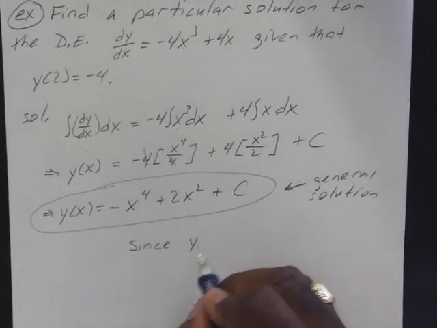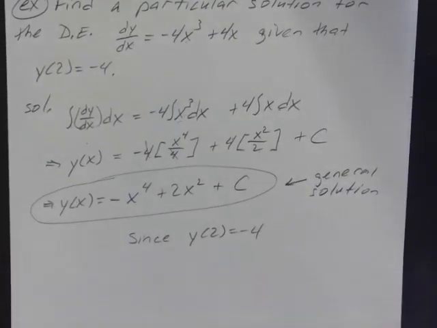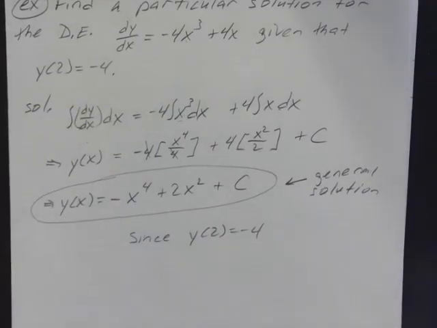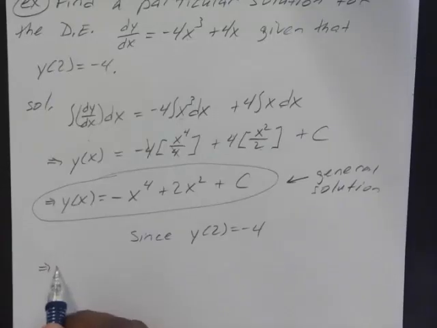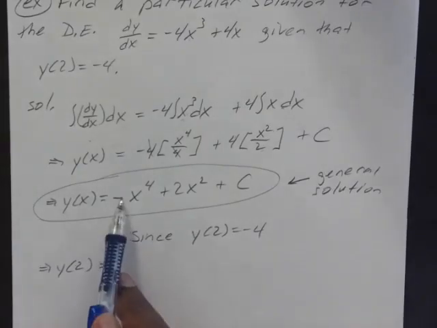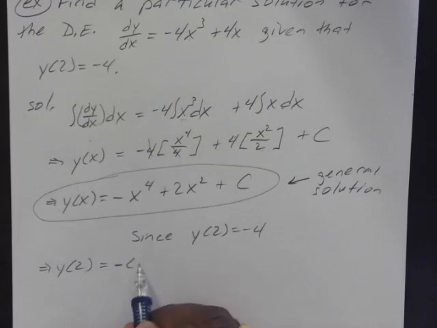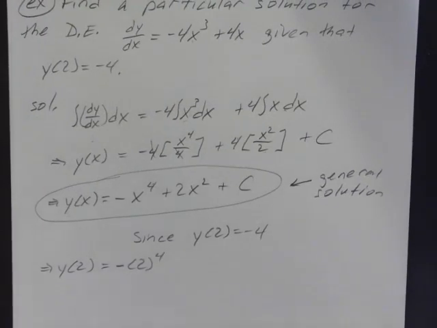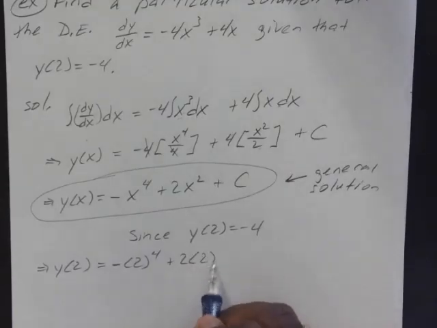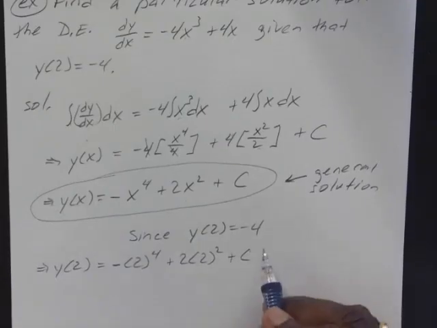Okay, so we know that since y of 2 is equal to negative 4, plugging that into our general equation, we know that y of 2 is equal to negative x to the 4th power. So that's negative 2 to the 4th power plus 2 times 2 squared plus c.